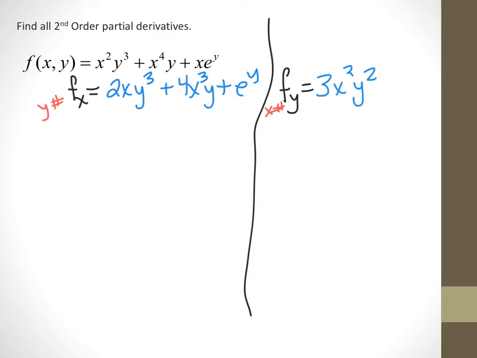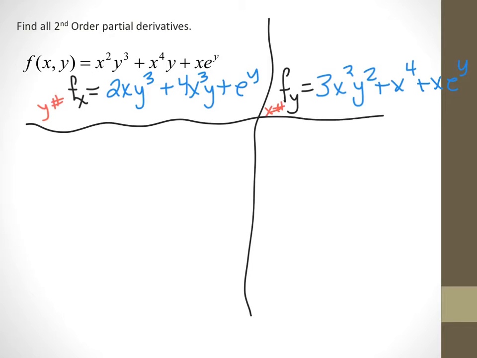For the next one, y is the variable because we're working with respect to y. The x fourth is a number, so some number times y, the derivative of the number times y is just that number, so you get plus x to the fourth. And then the last piece, you have an x, which is a number, e to the y, derivative of e to the y is e to the y. And so you get plus x e to the y.